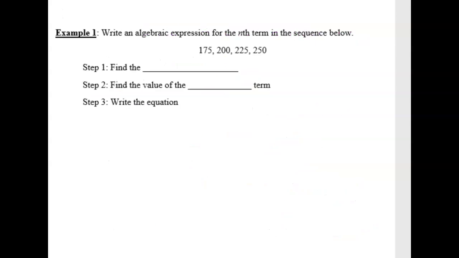Okay? So here's our pattern: 175, 200, 225, and 250. Right? So this is going to be our first term, our second term, our third term, and our fourth term. So the first thing we want to do is find our common difference or ratio.